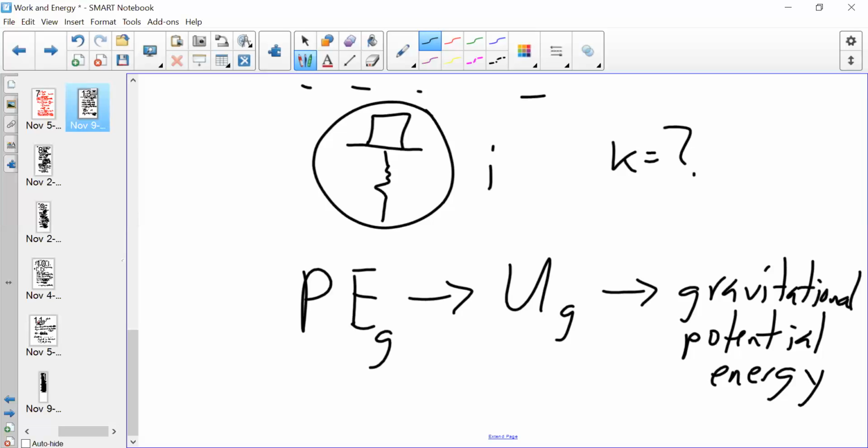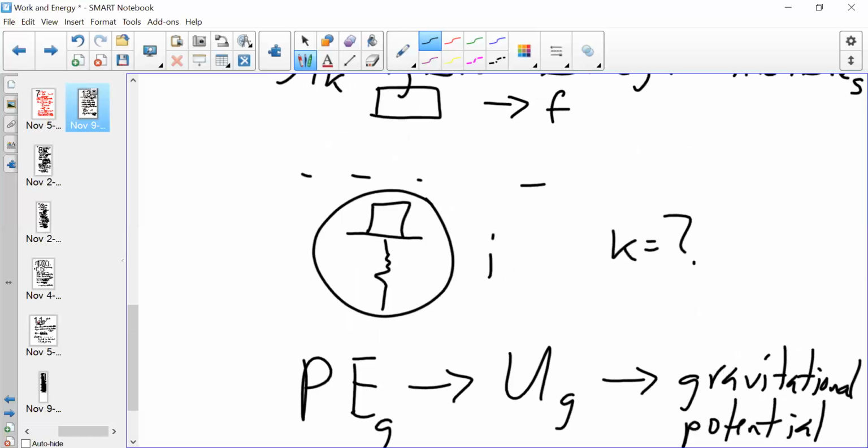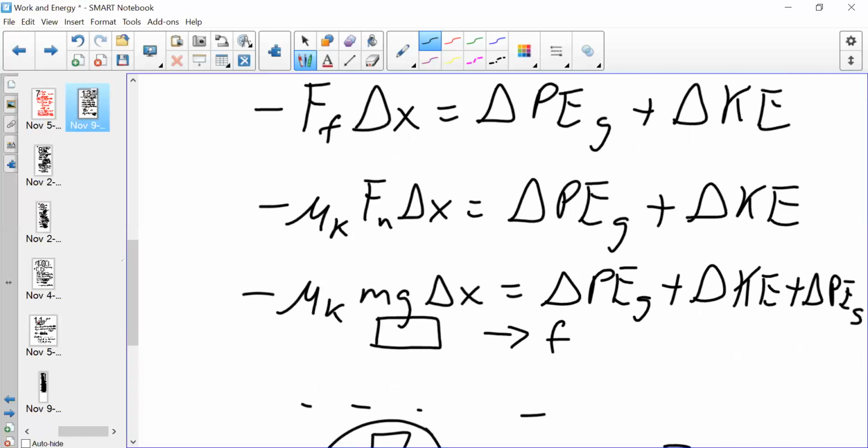But that's not important there. And we go to 8.4, changes in mechanical energy for non-conservative forces. I just threw it at you right there. This is what it is. I threw it at you because we already know what it looks like for conservative forces. So for non-conservative forces, it's this guy right here.